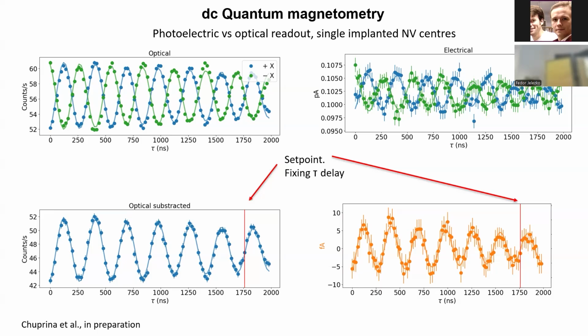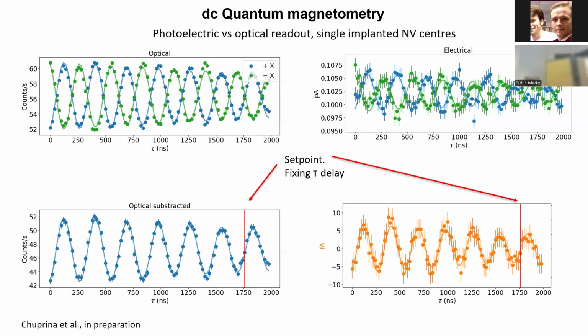So there are some differences in how to handle the pulse measurements, but nevertheless, by doing it right, you can also detect Rabi oscillations. This is on the left side. You have optical, and let's say also a Ramsey sequence. You get the optical signal on Ramsey. On the right side, you get the photoelectric signal.